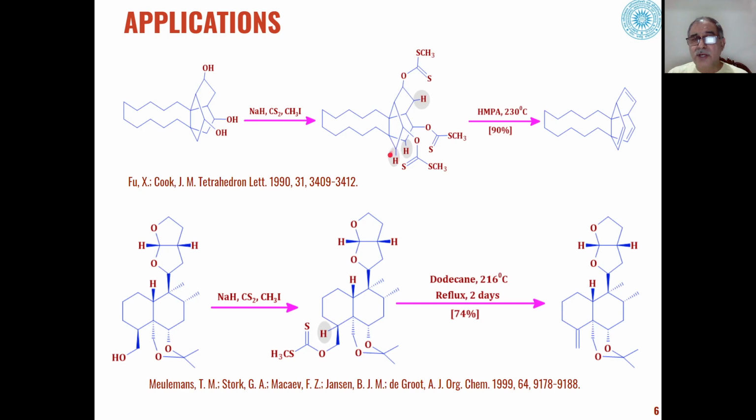So the hydrogen present at this carbon is a beta hydrogen. So beta hydrogen from here and ester group from here is removed, and we will get a carbon-carbon double bond at this place. This is the first carbon-carbon double bond. Similarly, in the second case, this is alpha carbon, this is beta carbon, this hydrogen is a beta hydrogen. So elimination of beta hydrogen from here and ester group from here will lead to the formation of a carbon-carbon double bond at this place. So this is the second carbon-carbon double bond.